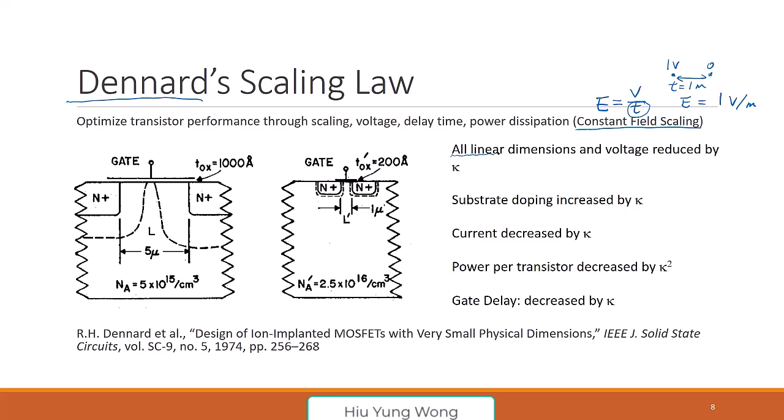So this is what he proposed. All linear dimensions scale by kappa, right? For example, if kappa equals 0.7, then when you scale 1 micron, after scaling, it becomes what? 0.7 micron. You make it smaller. But remember, you don't only scale the dielectric. Look at this. We don't only scale the gate length, we scale the depth also.